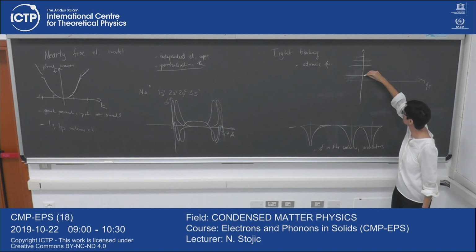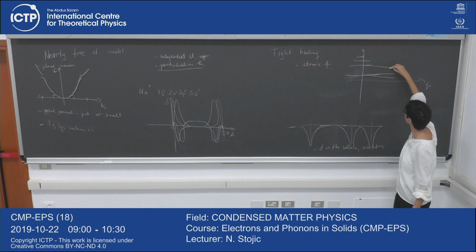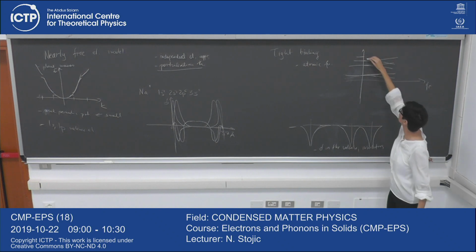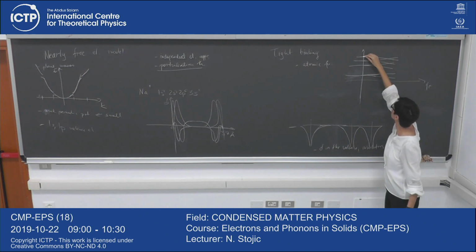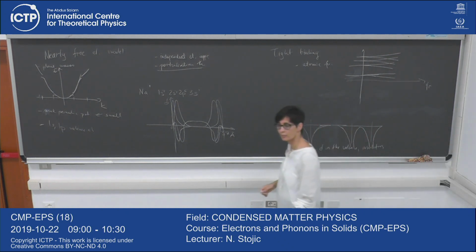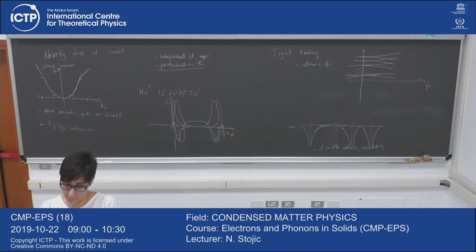Slowly, slowly, it's getting a certain width, and each of them, that creates bands. So the closer they come, the stronger is the overlap, and the wider is the band. That's okay?